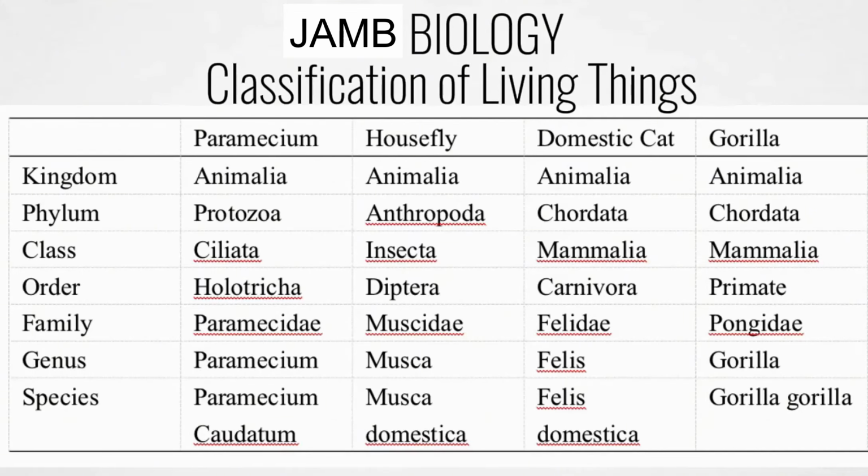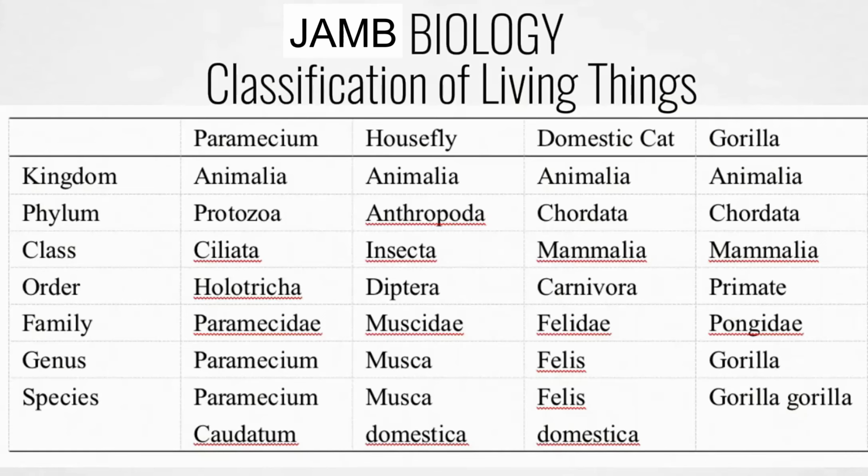For the family, paramecium belongs to the family Paramecidae. Housefly belongs to the family Muscidae. Domestic cat belongs to the family Felidae, and gorilla belongs to the family Pongidae. For the genus, paramecium belongs to the genus Paramecium. Housefly belongs to the genus Musca.